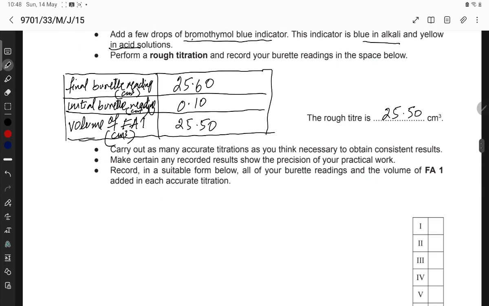Now follow the instruction written in your paper. Carry out as many accurate titrations as you think necessary to obtain consistent results. Consistent results, or concordant results, mean the difference between two readings should be not more than 0.10.